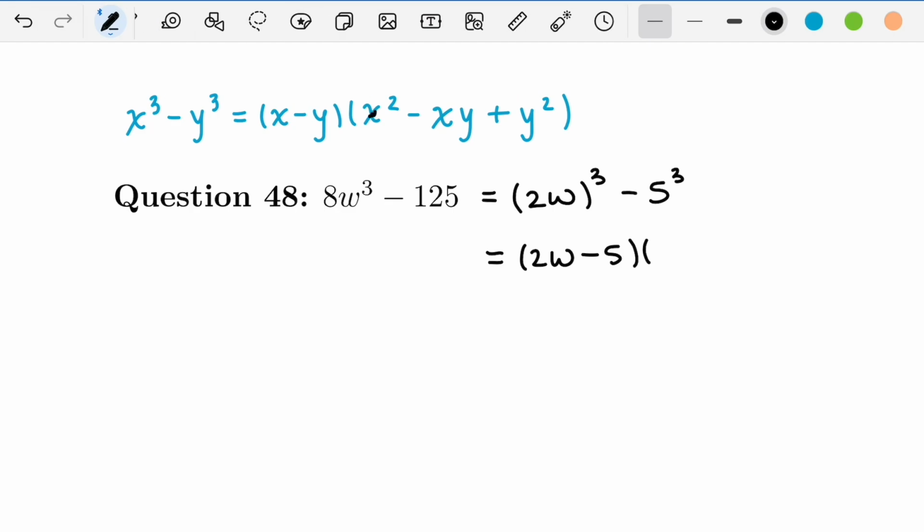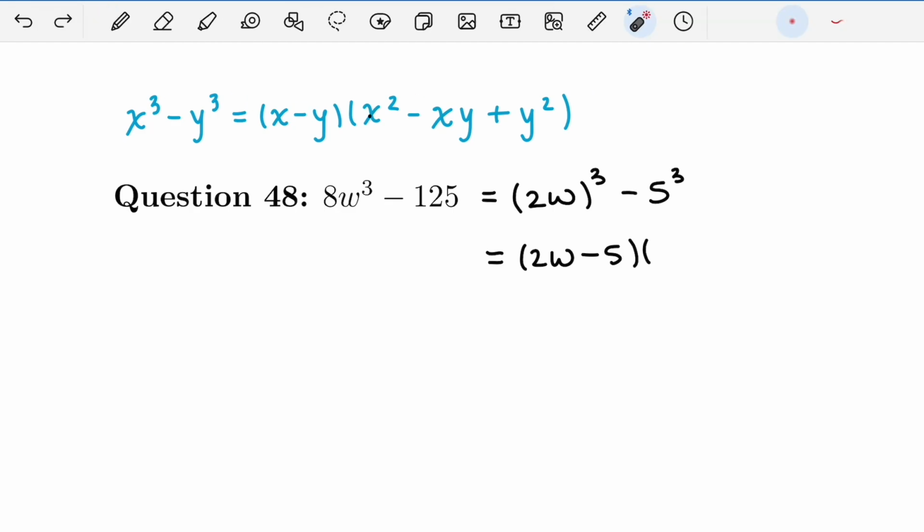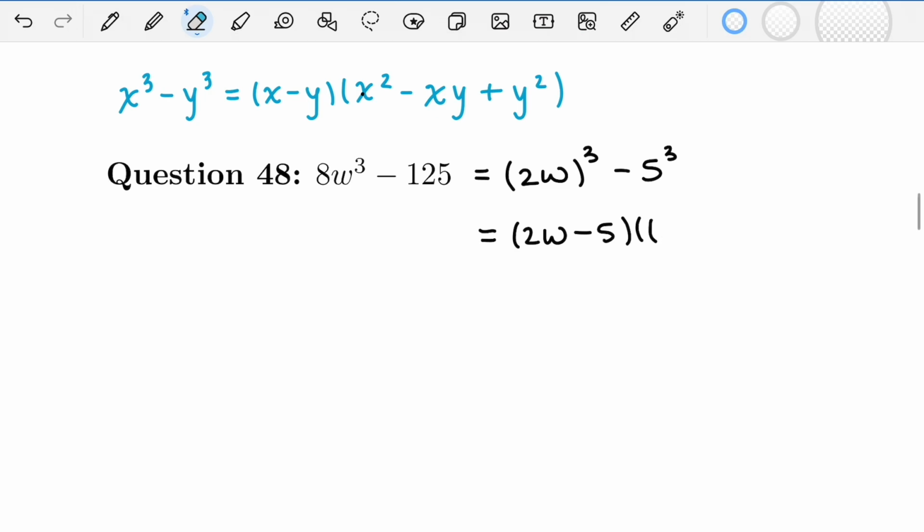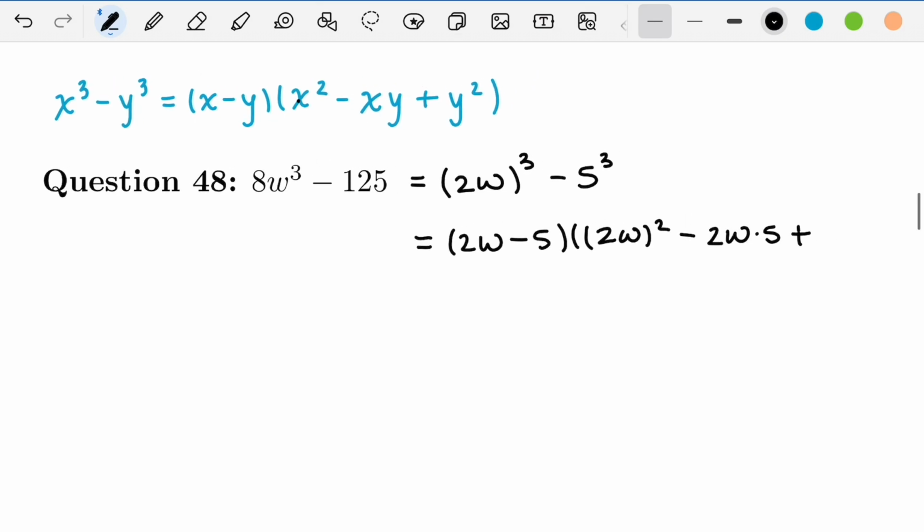Since we have x squared here, this whole thing is going to be squared. So we'll have 2w squared minus the product of our x and y. And our x is 2w, and we're going to multiply that by y, and then we're going to add y squared.